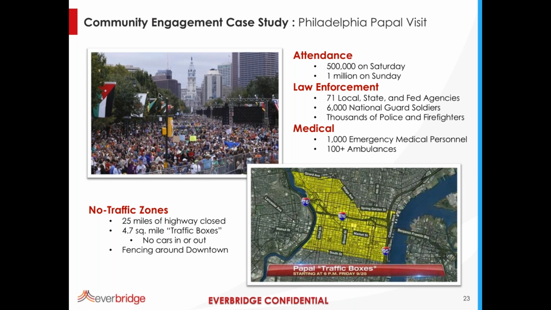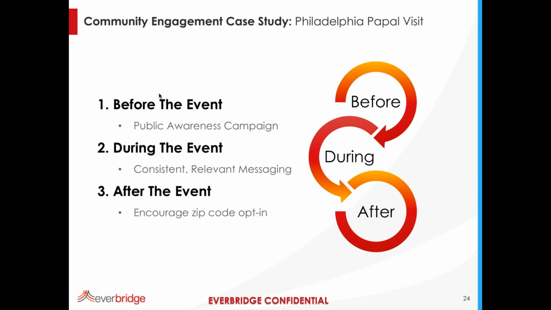You can imagine there was a lot of logistical coordination between law enforcement, first aid, dispatchers, etc. So it was a very coordinated effort within the city, and they approached Everbridge and Nixle, and they wanted a solution to communicate with visitors just for this event, right? So we came up with a plan, and again, this kind of speaks to our best practices.